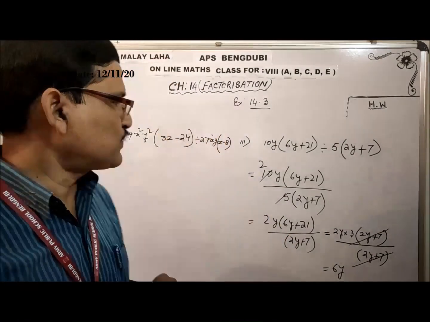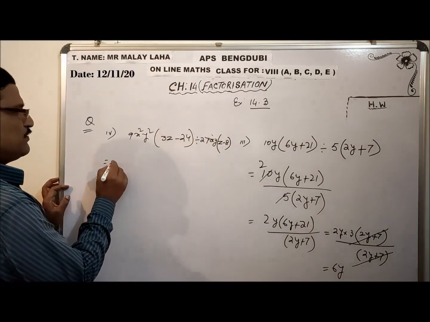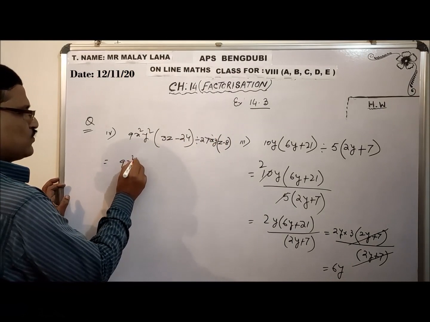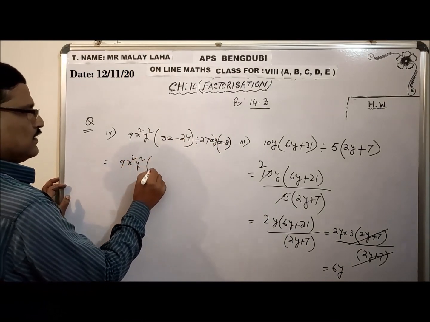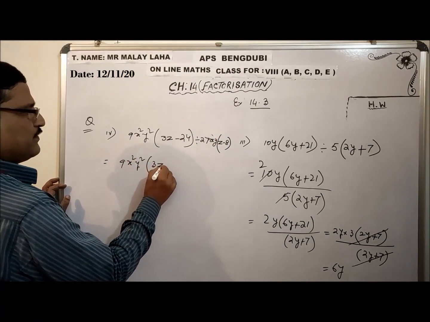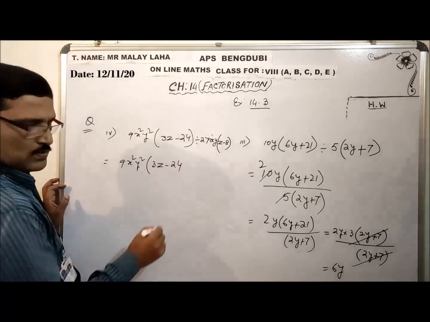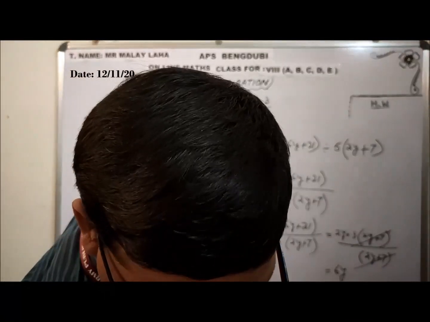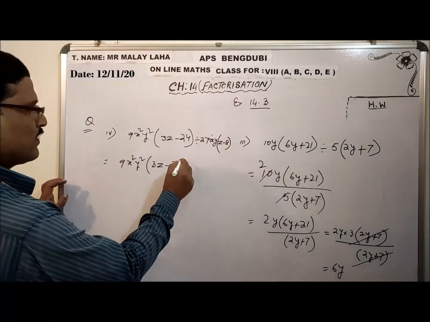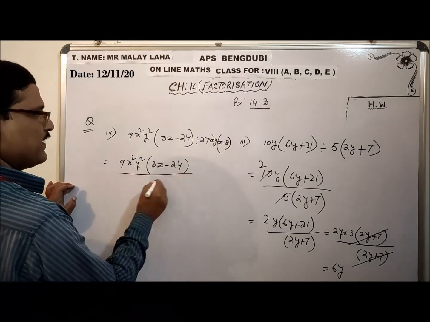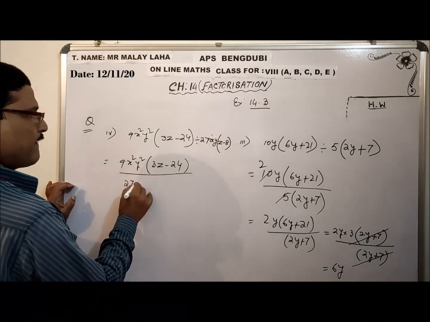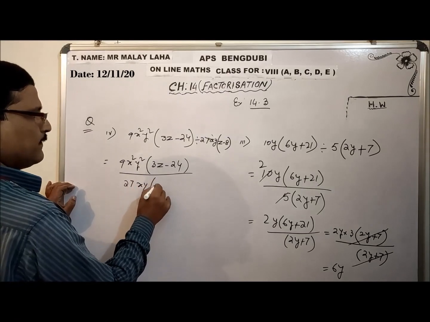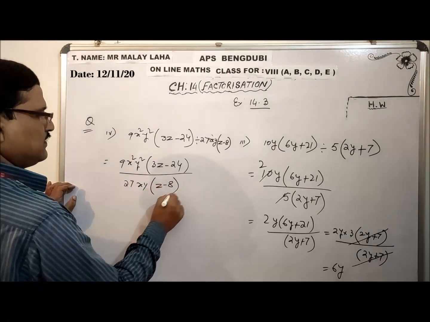You have to follow the procedure only. First you write down the division form: 9x square y square (3z minus 24), and now divided by 27xy (z minus 8).